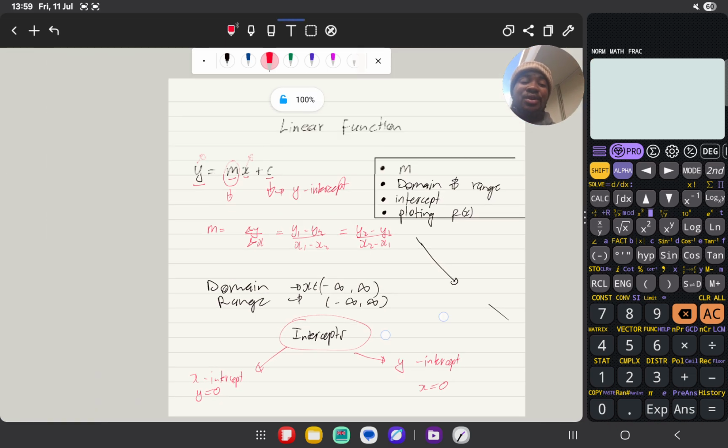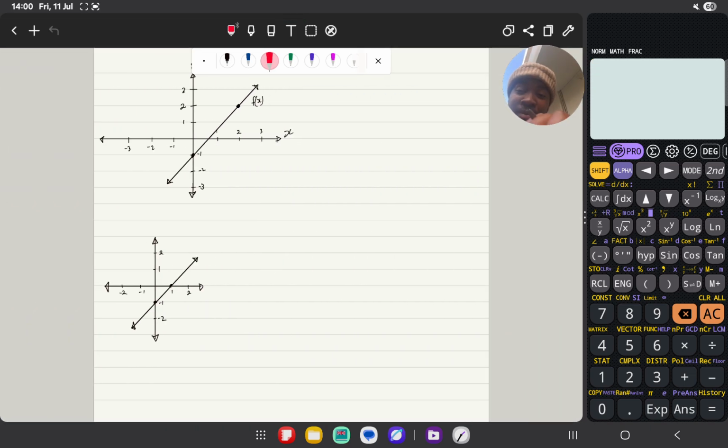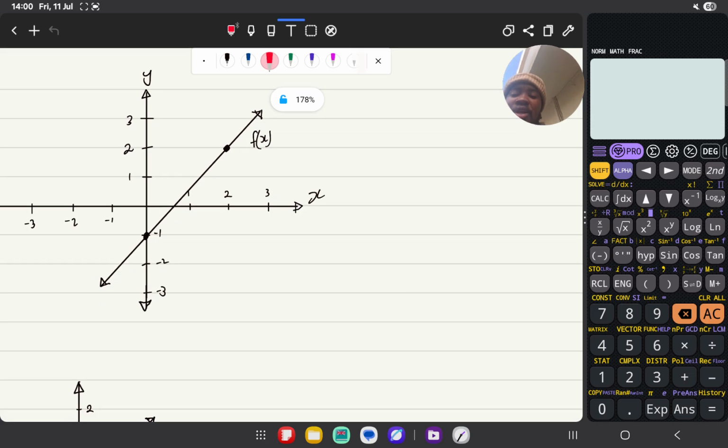You see it? So we will do a couple of examples, and they will give us a clear picture of that. So here we have this point. Of course, we have our function f, and this is f of x, and our coordinates here are (2, 2). Here it's (0, -1), right?